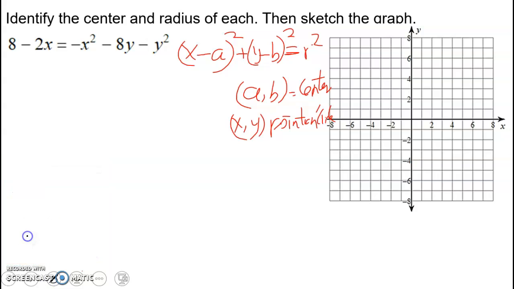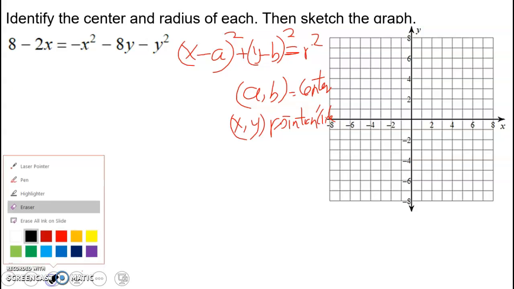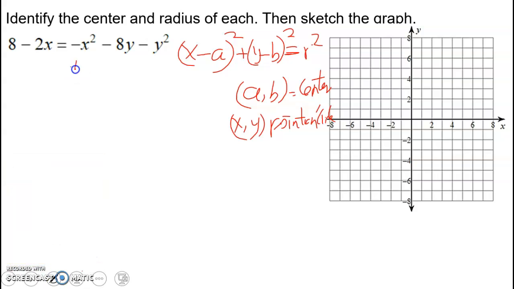Okay. So we're going to have, that's a negative x squared. Let's move it to the right. Let's just do this to make it easier, so we don't have to redo. So let's add x squared to both sides.